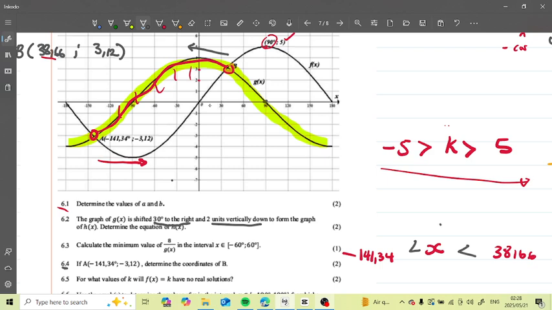All right, and this would be my final answer to represent that portion whereby my g of x is above my f of x function. So let me erase here so that we could do the same for the last question.